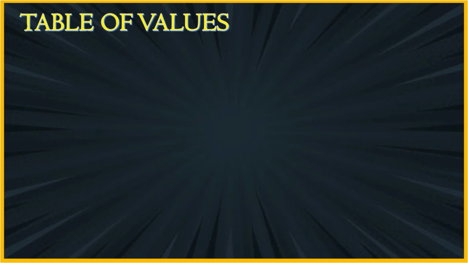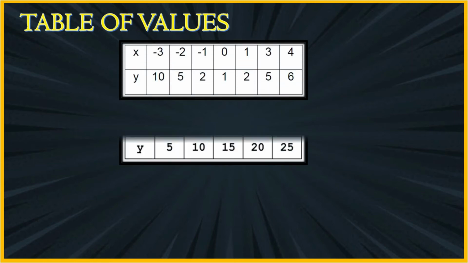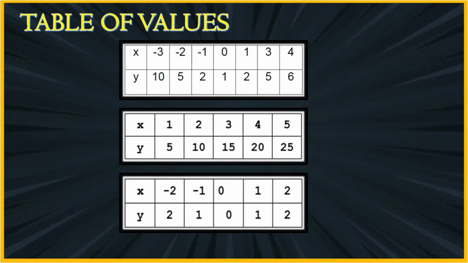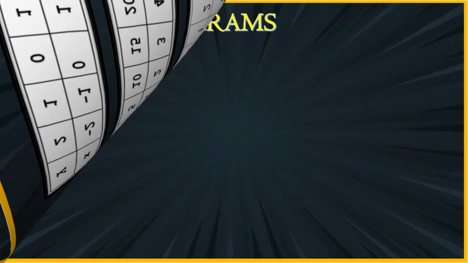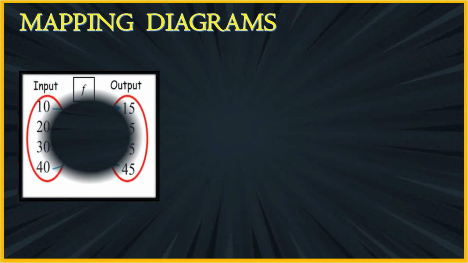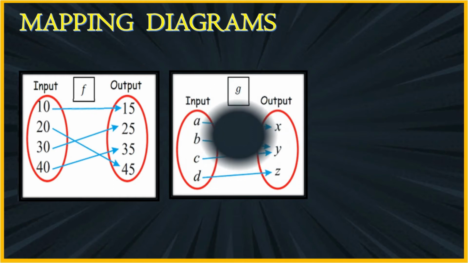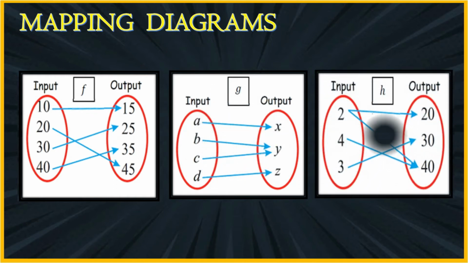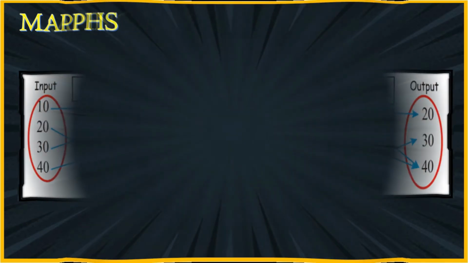These are the examples of table of values. The following are examples of mapping diagrams. These are the examples of graphs.